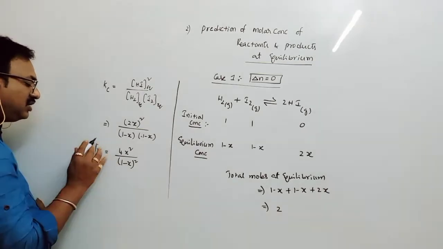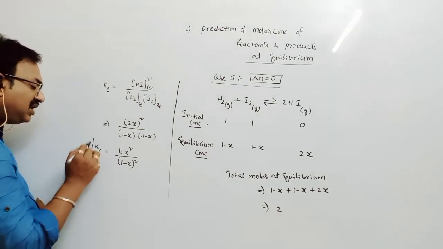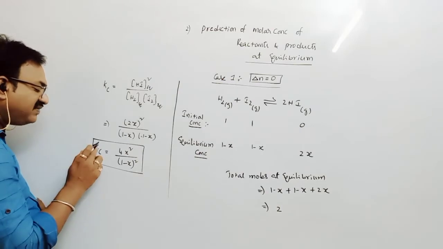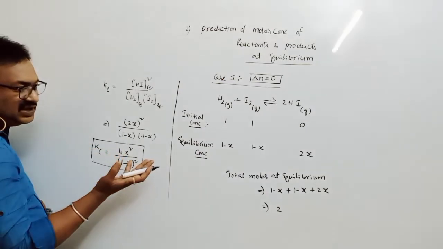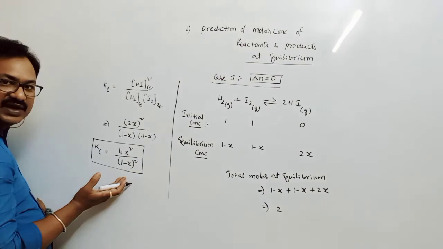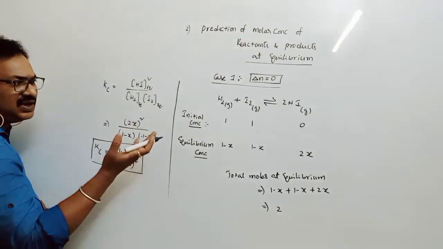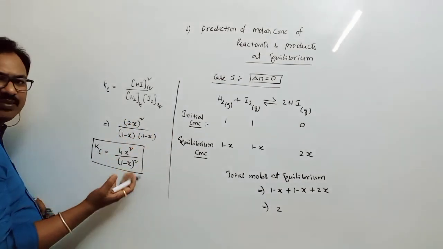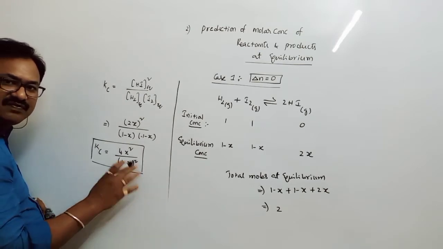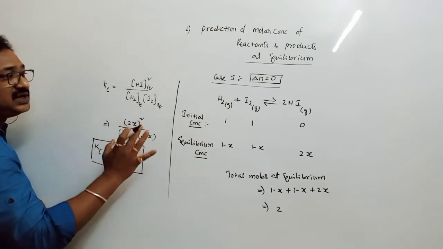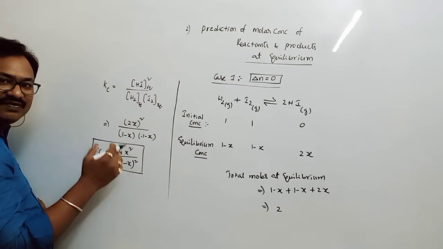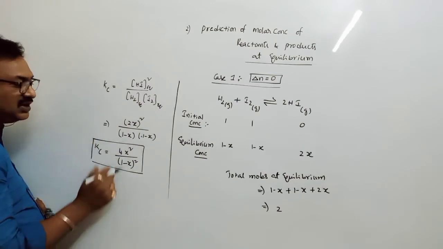So like that you can predict: if you know the Kc value and extent of dissociation, you can find the concentration of reactant and of product. Okay? So this is case one where del n is equal to 0.